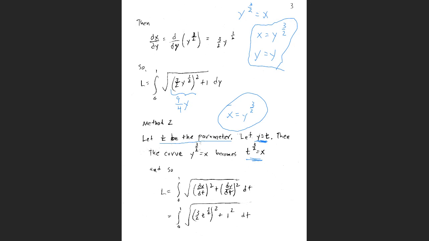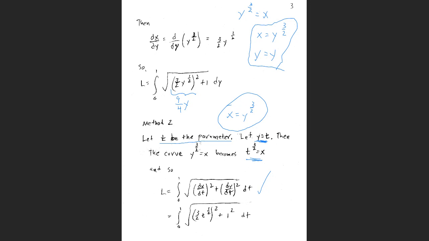It's easier to let y equal t and then have x equal t to the 3/2 than do it the other way. And so now the arc length, we use that standard formula where t is your parameter. That's formula 1 in section 6.4.